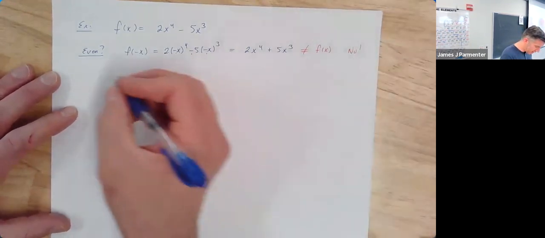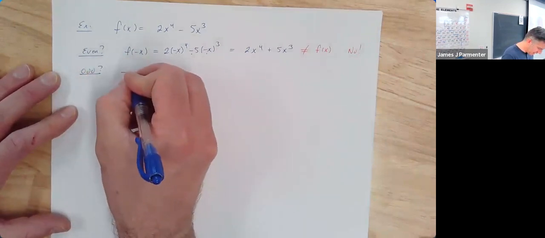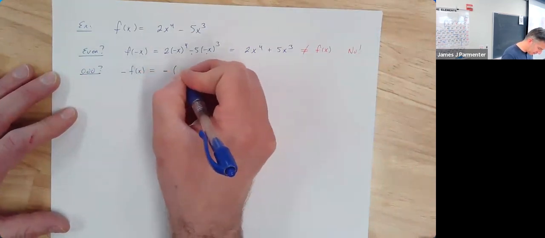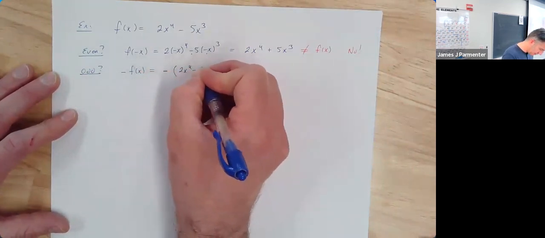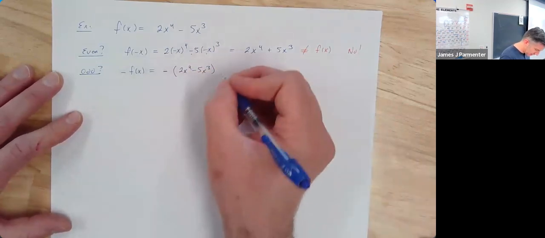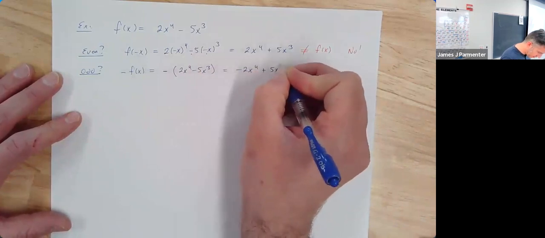All right, so let's look for oddness. So then I'm going to ask about negative f of x. For negative f of x, I'm just slapping a negative in front of the whole entire function, and making sure I distribute it to all the pieces. If I distribute this, I get negative 2x to the fourth plus 5x cubed.